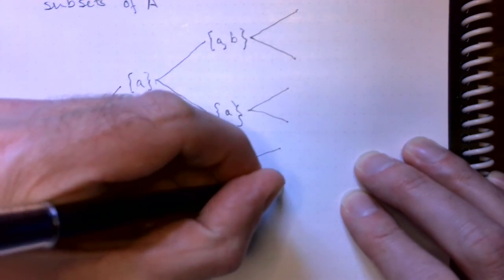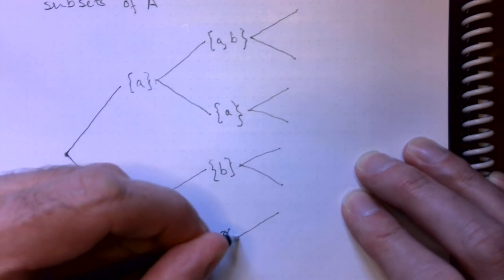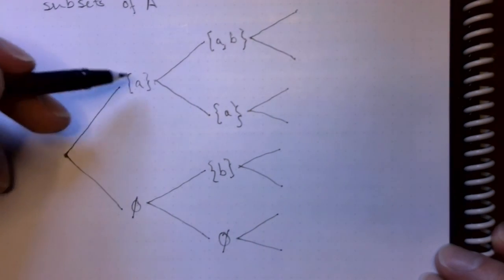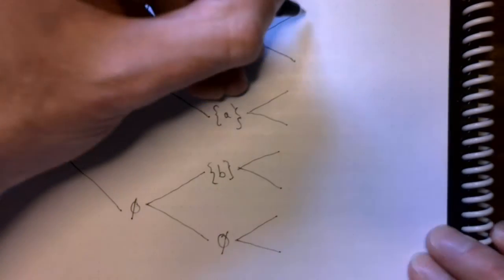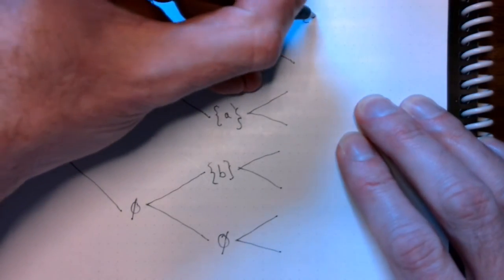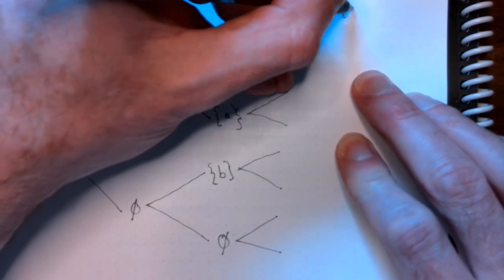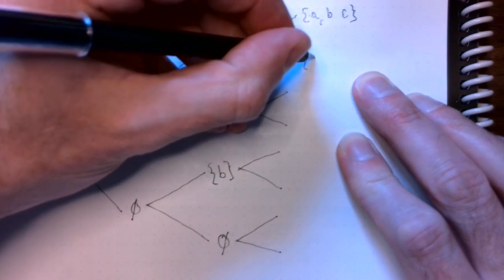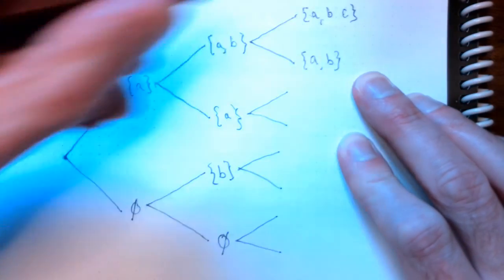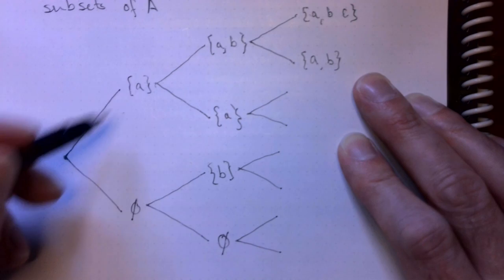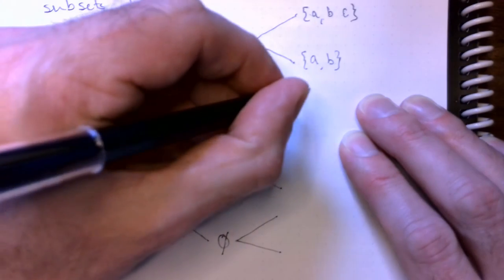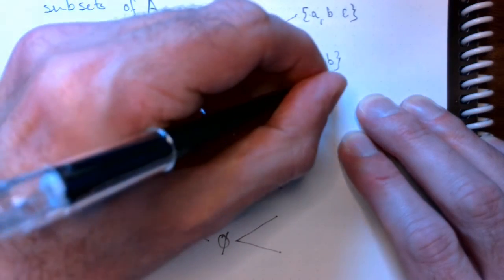So let's examine what happens. If I've gone through here, in other words, I've included A, and then I've included B, and then I include C in my subset, I will have all three elements. If I decide not to include C, then I'll just have A and B. If I go this route, where I've included A, said no to B, and then say yes to C, I would have this.